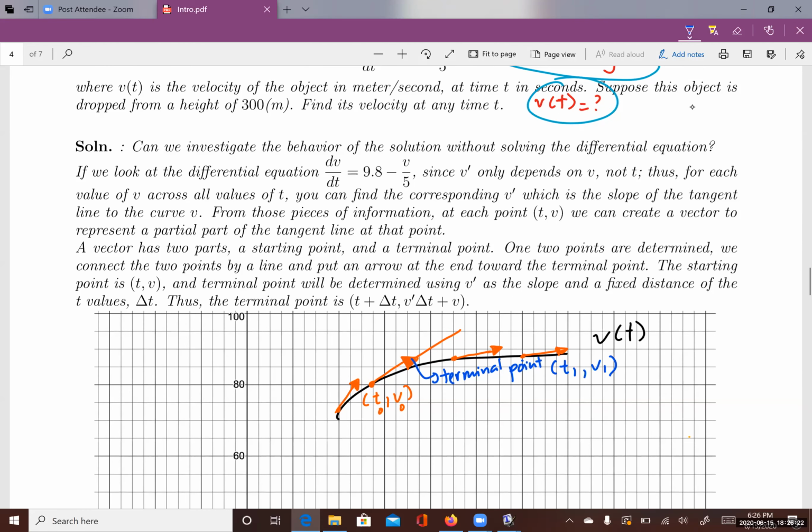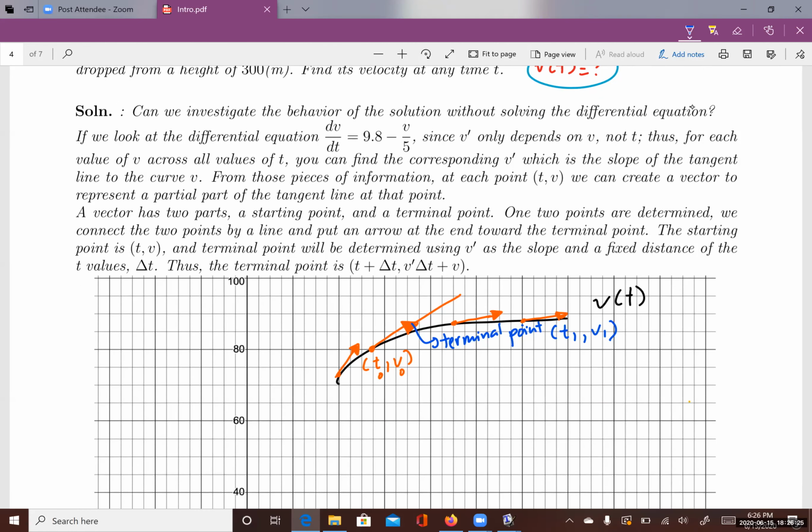In order to find the terminal point, I know that the slope of this line here is v prime of t0, which equals the slope that goes through the starting point and the terminal point. So that would be (v1 minus v0) divided by (t1 minus t0). It's just like delta t, which is the difference between t0 and t1.